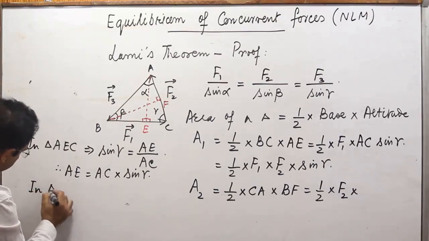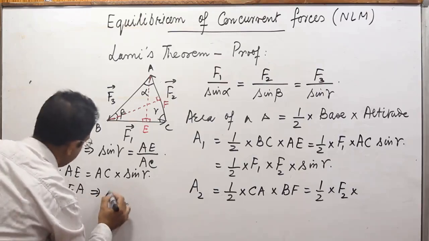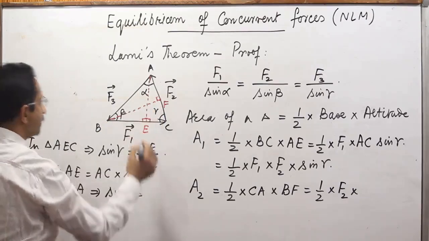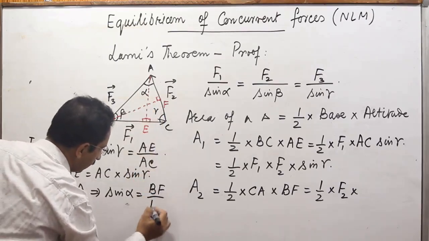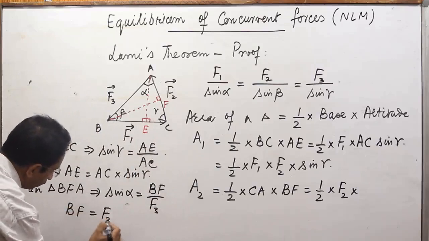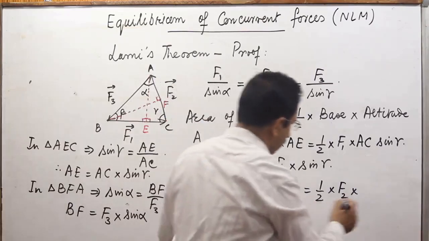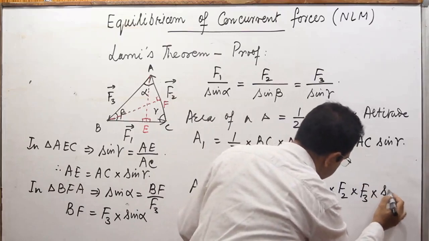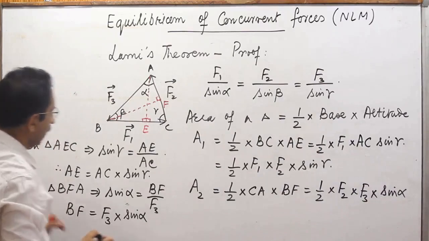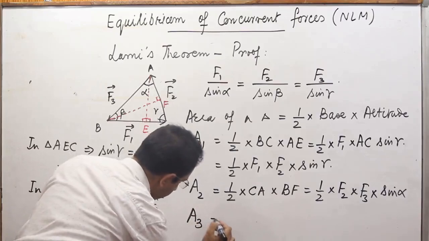So in triangle BFA we have sine of alpha is equal to base, that is BF divided by F3, which means BF is equal to F3 into sine alpha. तो मैं BF की जगह सब्स्टिट्यूट कर रहा हूँ F3 into sine alpha. I will get this.